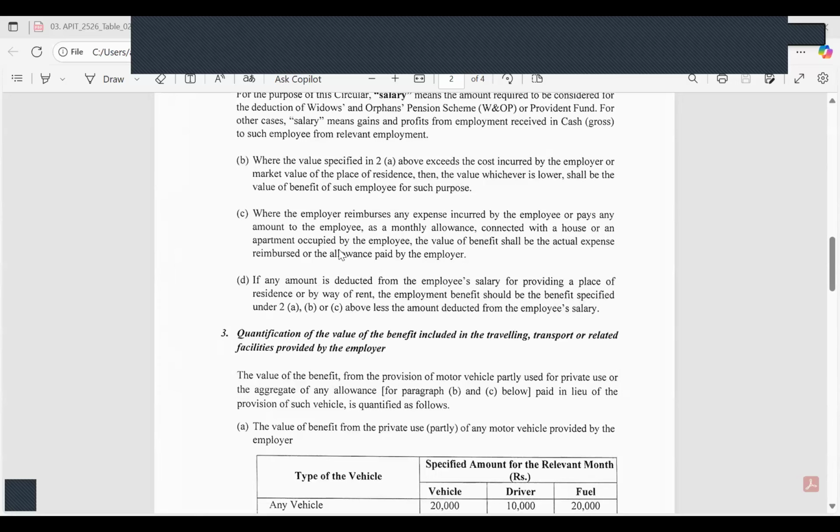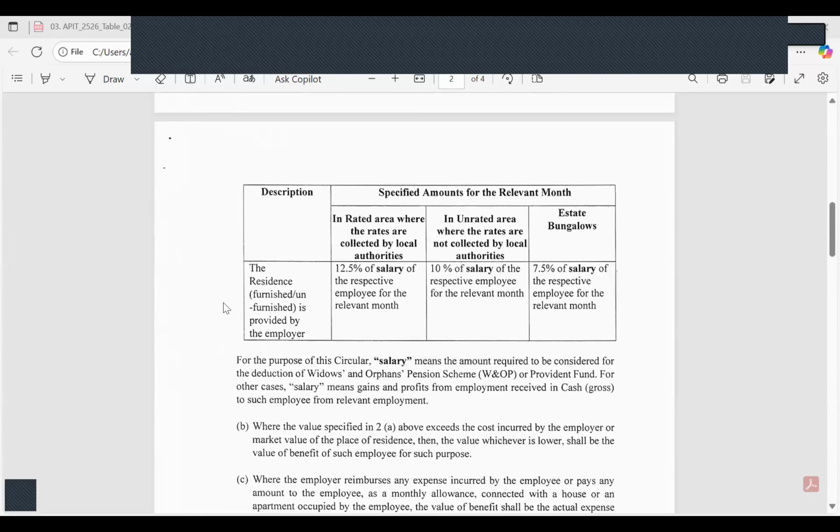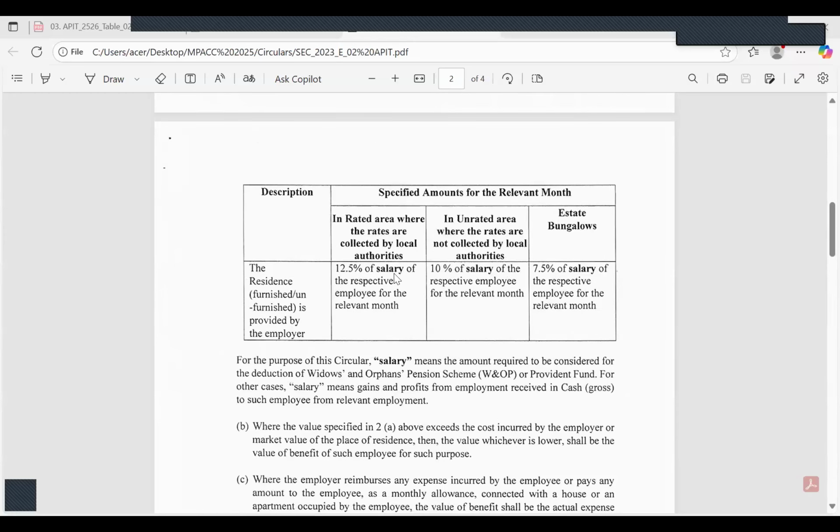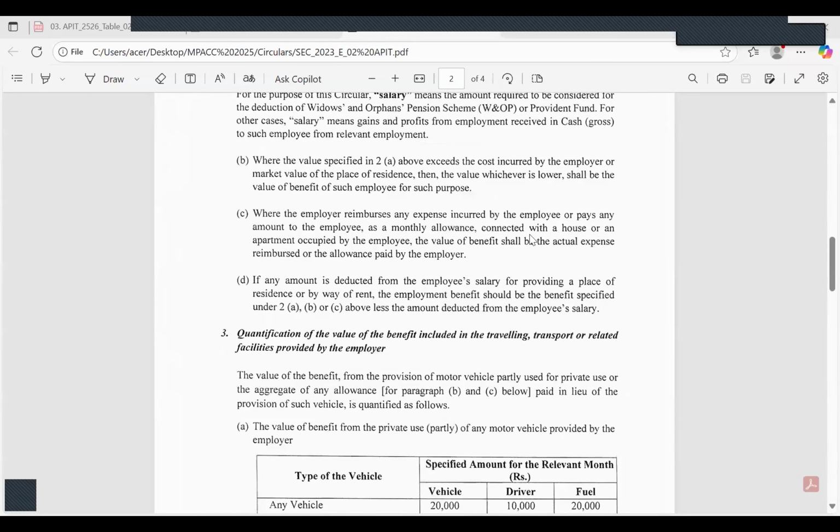Or sometimes he gives us a monthly allowance, not the house. Here, that person has been given a house. Under Part C, it is not a house, it is an allowance or a reimbursement. At that time, we cannot apply this table. At that time, we have to consider the actual expenses reimbursed or the allowances paid by the employer.